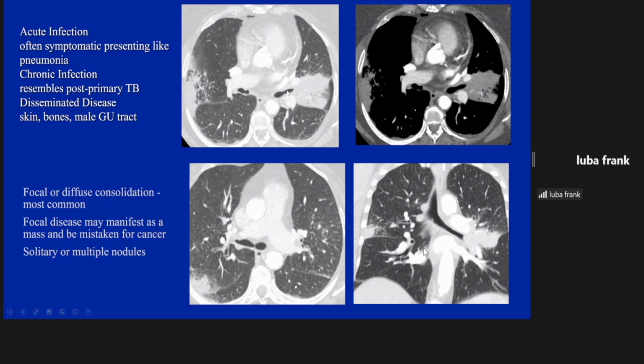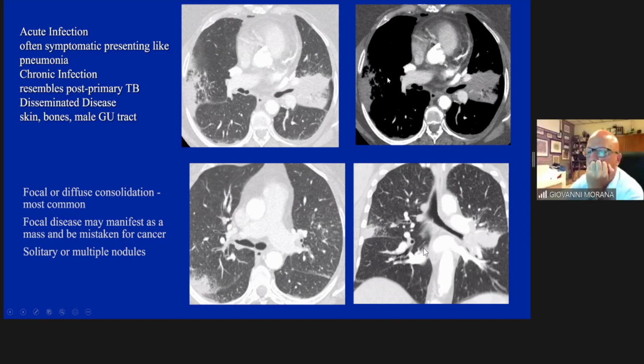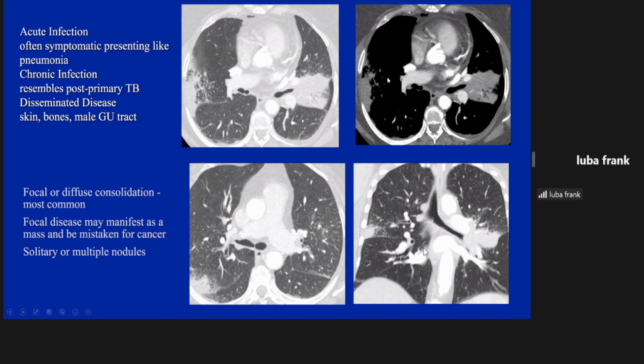This patient came to us acutely ill with a large consolidation here in the left upper lobe lingula, and it looked like it had an obstructive component and post-obstructive pneumonia as well. They had another focus here along the pleura, and here in the soft tissue window, as you can see, it really looks like an obstructing mass and maybe post-obstructive pneumonia as well.